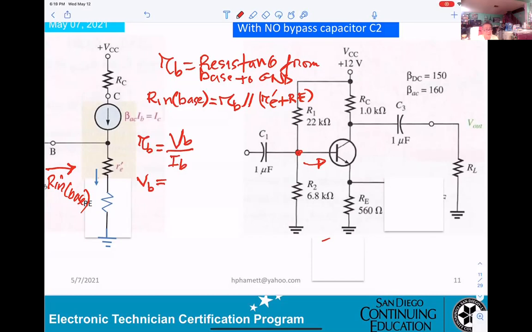VB will be equal, let's see, the voltage from the base to the ground.